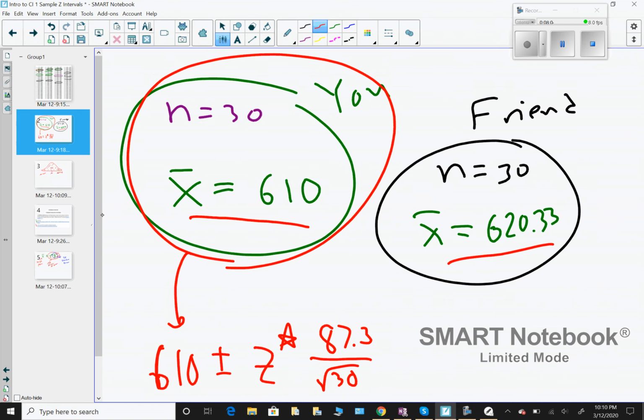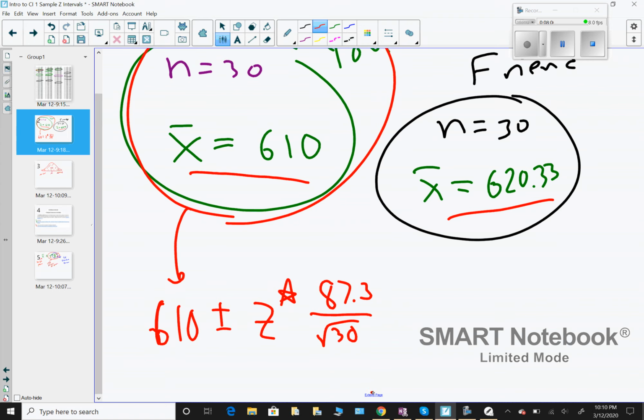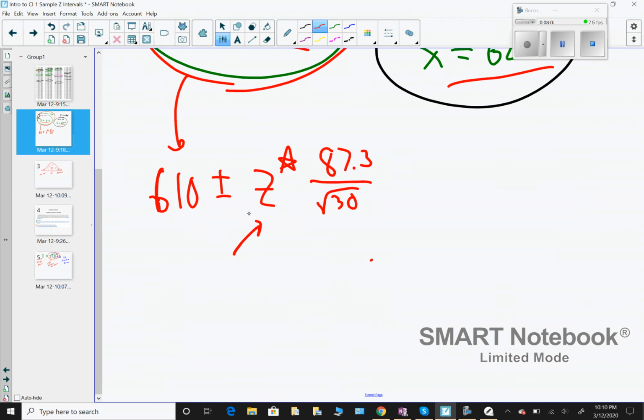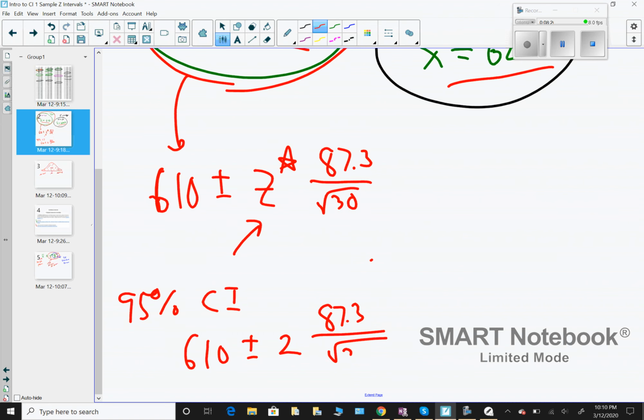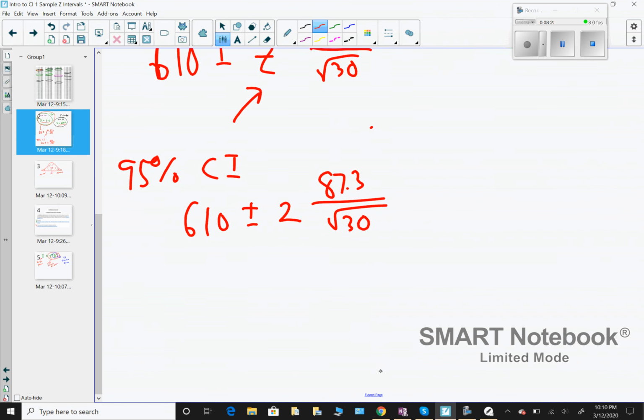So z star is the z-score you need to capture the percent of data that you want to capture. In this case, we want a 95% confidence interval. So we're going to do 610 plus or minus 2 times 87.3, because 2 is exactly the number of standard deviations I need to go left and right of the mean to capture the middle 95% of data.